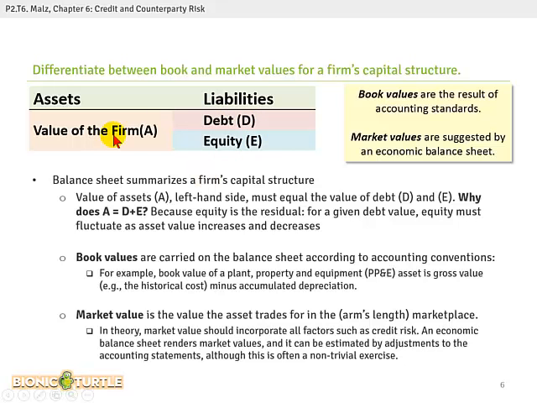And so the value of the firm's assets is going to equal debt plus equity. That's the balance in the balance sheet. Why will they balance? Well, because the equity is going to be a residual. So the equity is the assets minus the debt. The equity being a residual guarantees the balance.